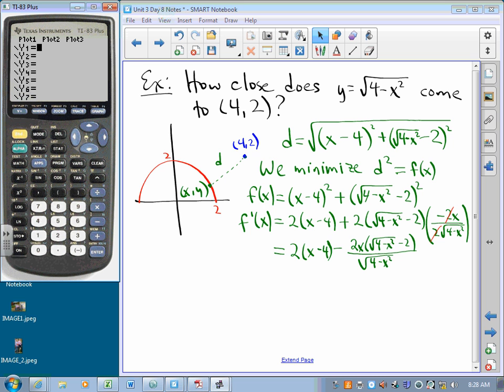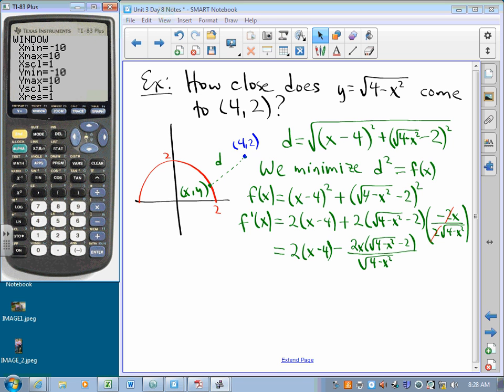And if you're not, you say, hey, I want to see what this looks like. 2x times, parentheses, radical 4 minus x squared minus 2, 2x times, parentheses work, divided by, ooh, yes, 1, 2, 3 opens, 1, 2, 3 closes, divided by radical 4 minus x squared. We're checking at home.